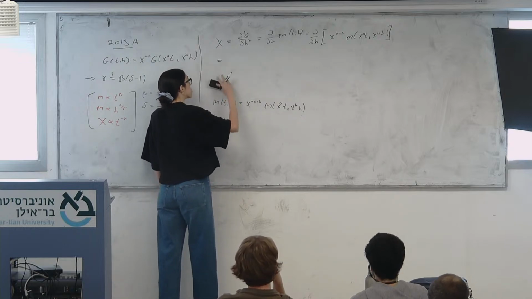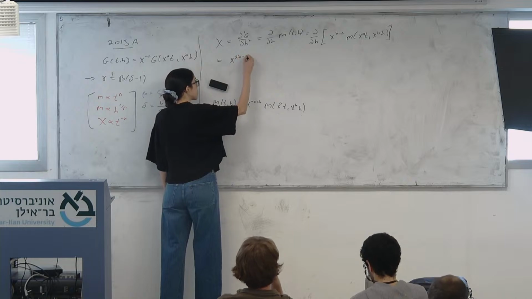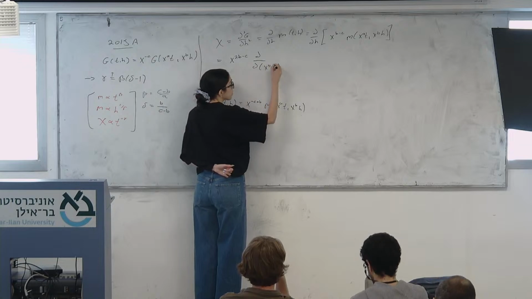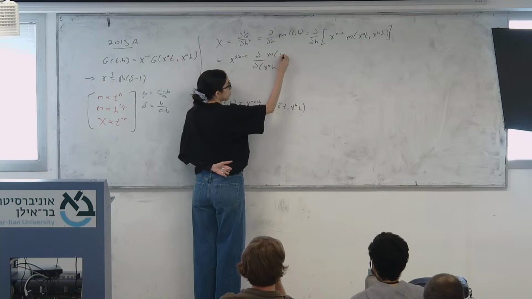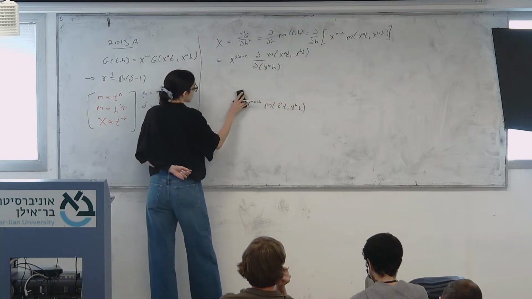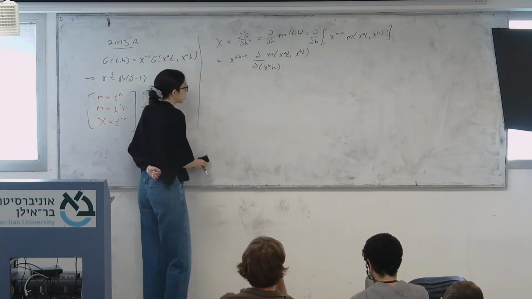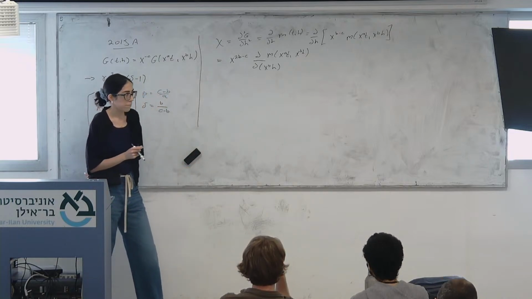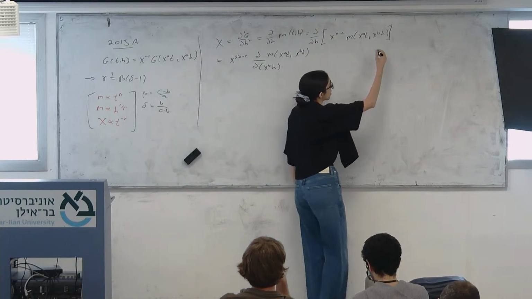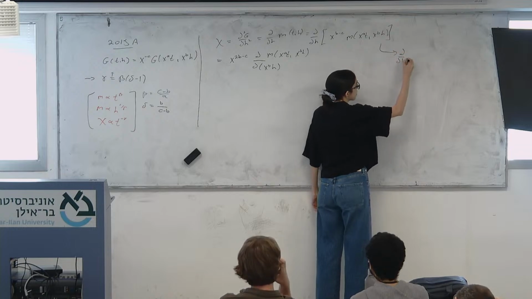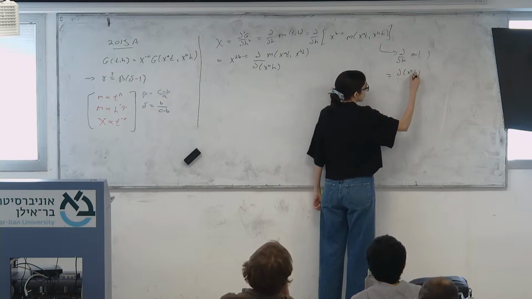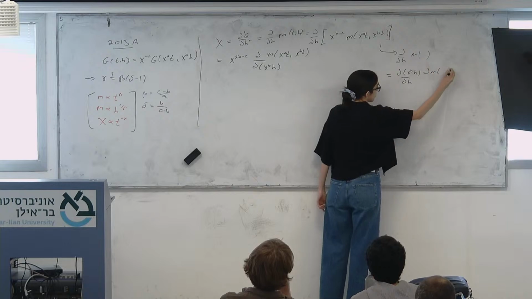So this is x to the 2b minus c times the derivative of m by its argument, the new field.